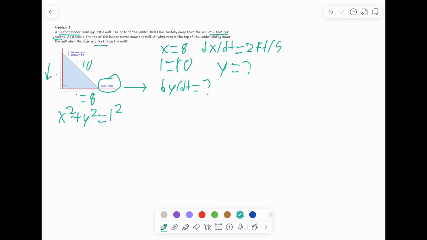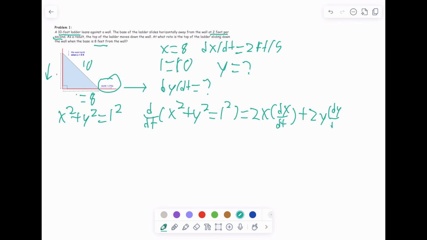We must then differentiate the Pythagorean theorem with respect to time to show the relationship between the rates before we can substitute the numbers, which we do: d/dt of (x squared plus y squared equals L squared) equals 2x dx/dt plus 2y dy/dt equals 2L dL/dt.